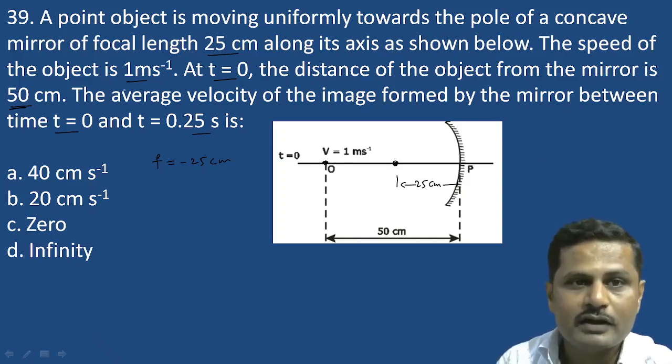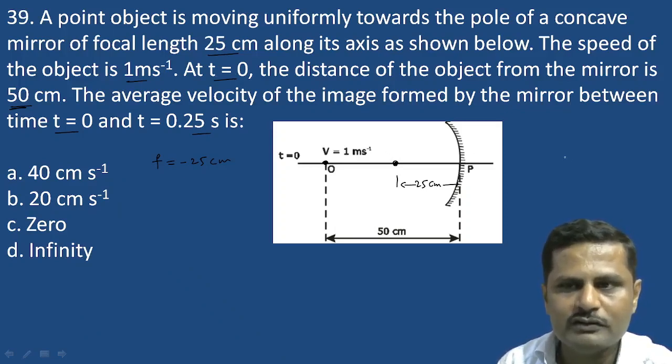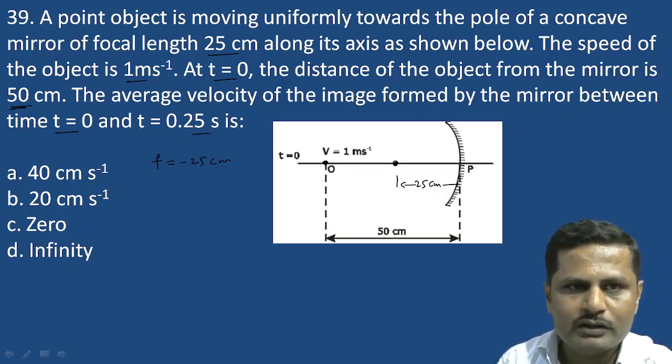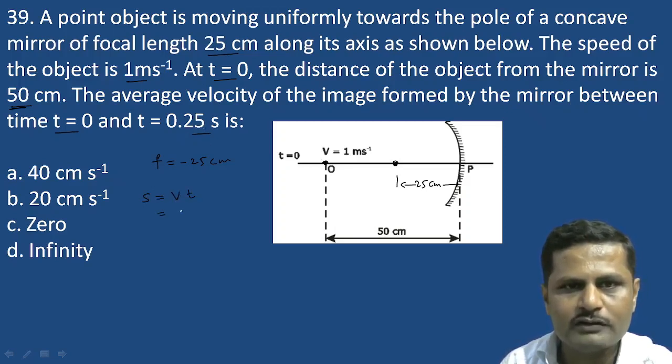That means at t equals 0, the image distance as well as object distance is the same, that is at the center of curvature. Now, whenever the object moves with a velocity of 1 meter per second, it travels a distance s equals v into t, that is velocity equals 1 meter per second and time equals 0.25 seconds.